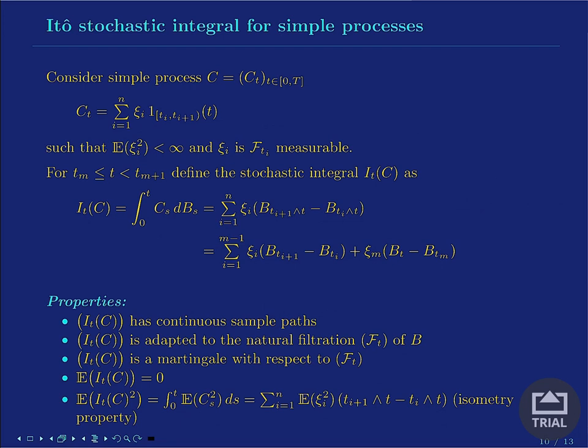Defining the stochastic integral in this form, we can immediately see that we have continuous sample paths. That is due to continuity of the sample paths of the Brownian motion.